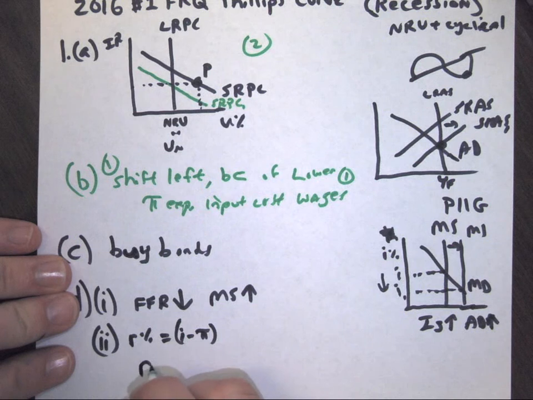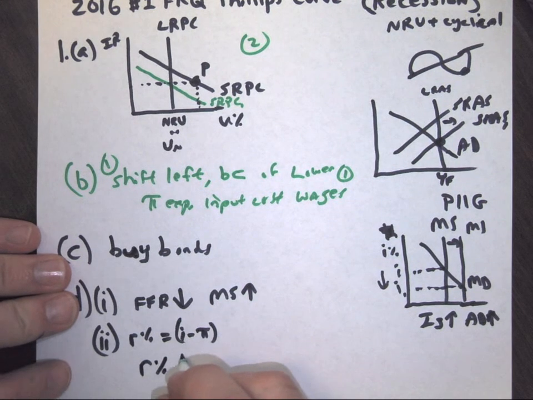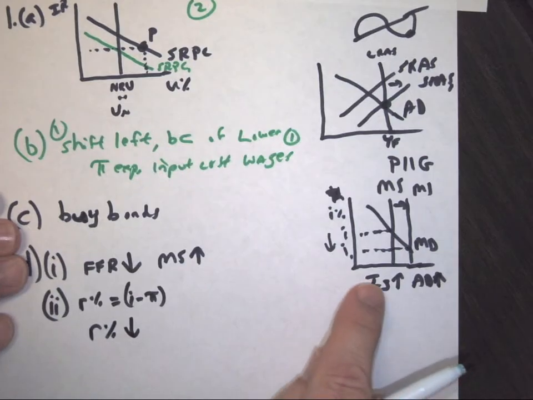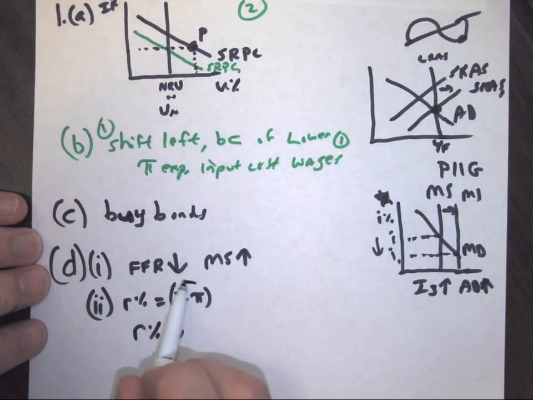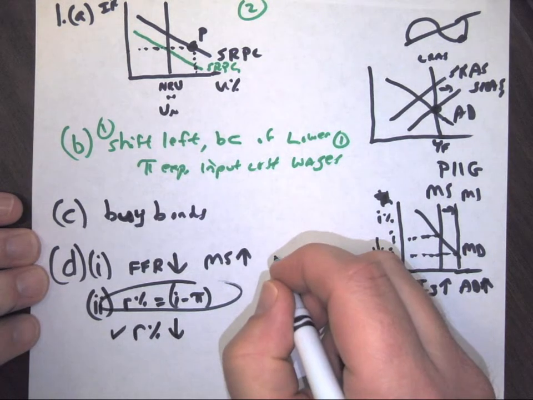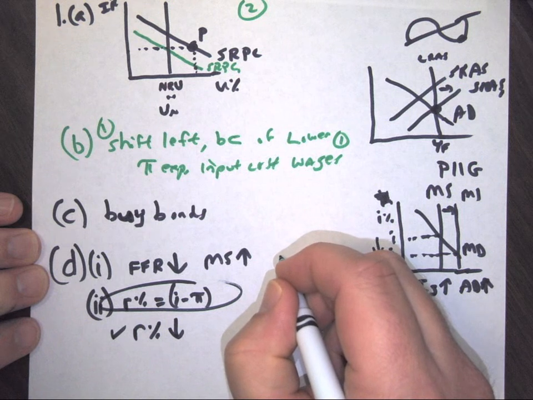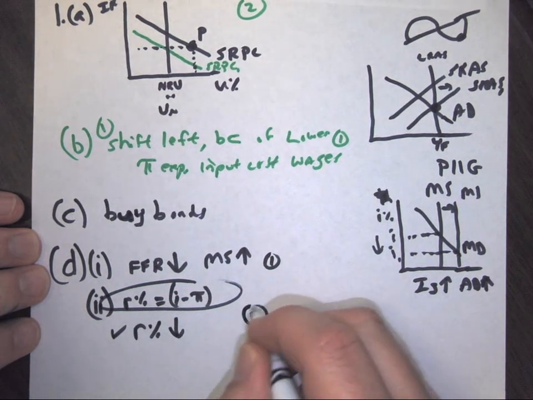So the real interest rate is going to decrease in the short run. And you don't have to explain it. If you just know that interest rates are going down because you thought in your head about buying bonds, then you're good. So just keep that formula in mind, and this is actually a correct answer. So you get 2 points: 1 point for this whole thing being right, and 1 point for this thing being right.